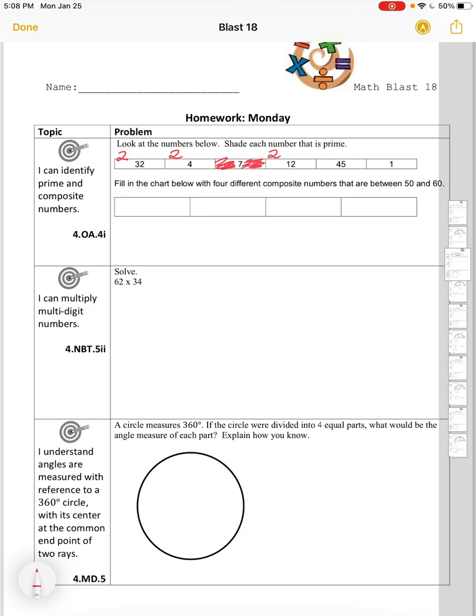Now, I can't use that third factor of 2 because 45 is not an even number. But I do know another divisibility rule. 5 would be a factor of 45 because any number that ends in 0 or 5 is going to have 5 as a factor. So 45 is composite.